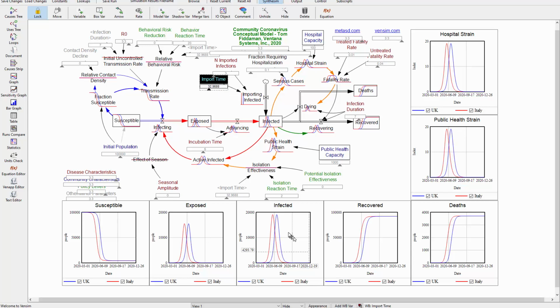So what does that do? Well, not a lot. If you look at the red trajectory here, that is Italy, peaking in early June, and here the blue line is the UK, now peaking at the end of June.